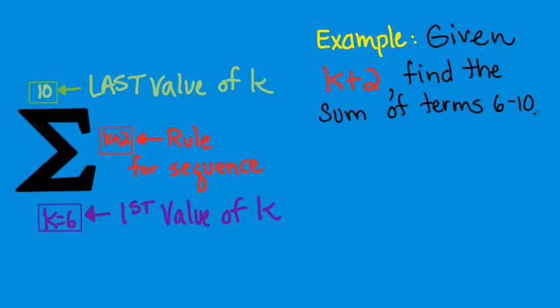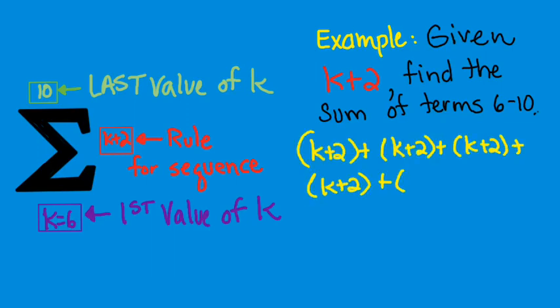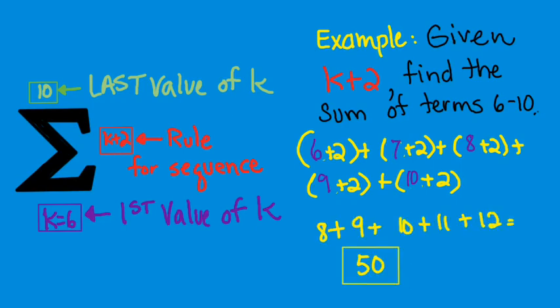Well, 6, 7, 8, 9, 10 is actually 5 times I'm going to be repeating the formula. And then I put in my first value. Instead of being 1, my first step is actually starting at 6. So I go 6, 7, 8, 9, and 10. And then I need to do the math. Once I do the math, then I know how to do it.